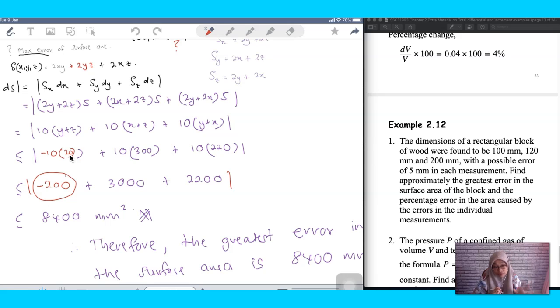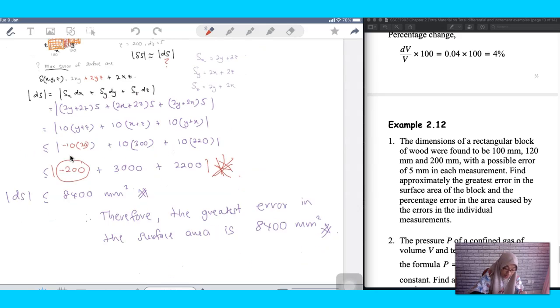So be careful when solving this particular example. This is a common mistake done by your seniors, my students before this. So please don't waste your marks, be careful when you are answering the question, and always take note of this.